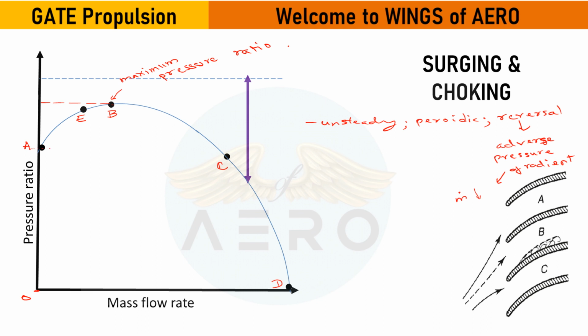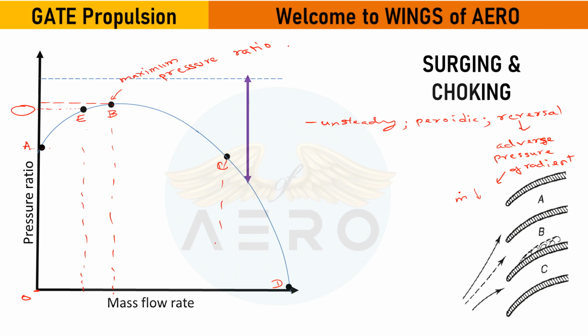Now at point E, as compared with point A, there is some increase in mass flow rate, but at the same time we have a drastic pressure issue, which is higher than point A. Now point B is a point where, at some extent of mass flow rate, we have the maximum pressure ratio.